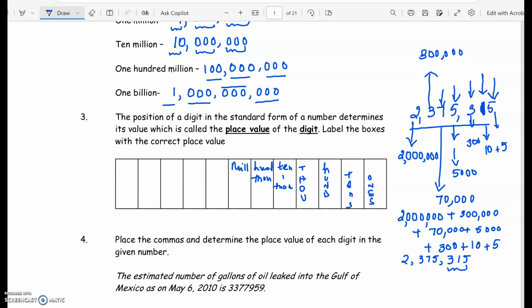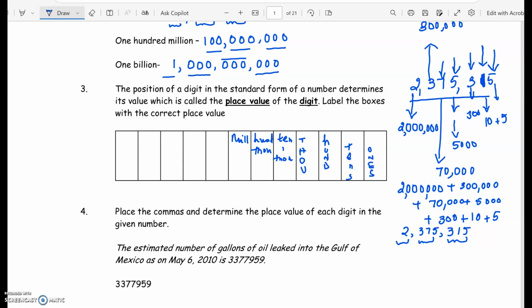Now notice that each period, this is the ones period, this is the thousands period, this is the millions period. The way you read a number is this. You start with the first number on the left, the one with the highest place value. The first comma, in this case, this would be the thousands period, and this is the millions period.